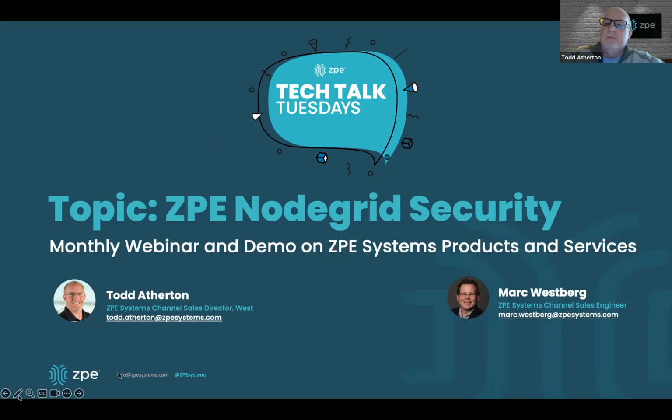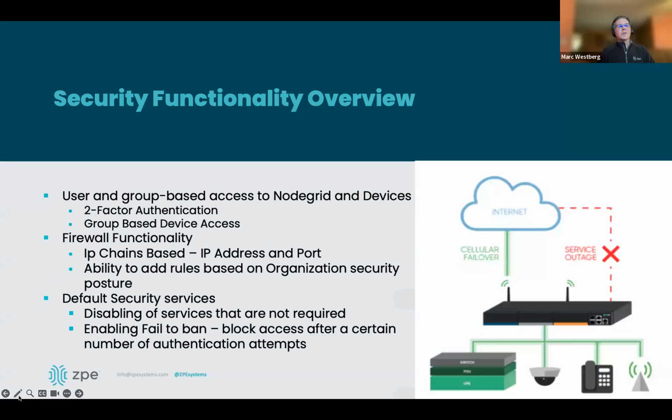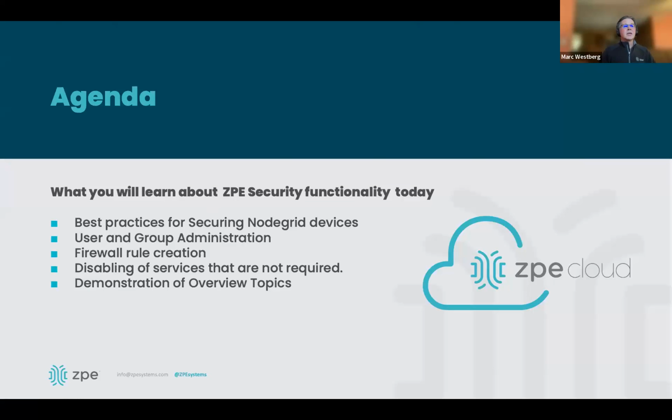Thank you, Todd, and thank you everybody for attending this Tech Talk Tuesday. Today's topic is going to be on Nodegrid security: how to secure, and some best practices for the Nodegrid devices.